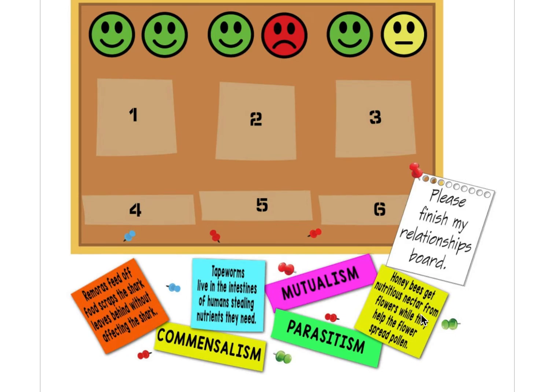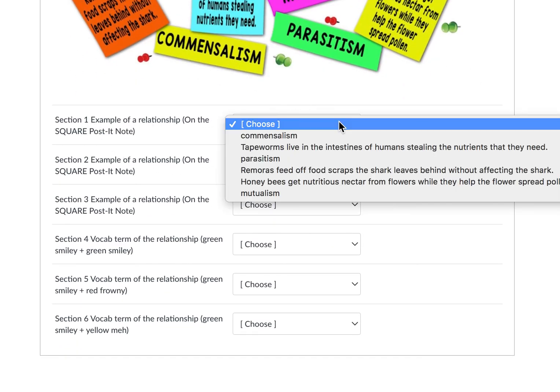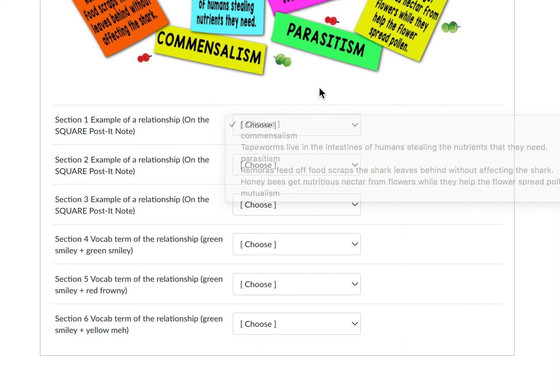Or honeybees get nutritious nectar from flowers and help the flower spread its pollen. So you will have to decide which one of these post-it notes shows an example where both species are happier because of this relationship. And that is going to be your number one. So you're going to go down here for your number one, and you're going to select it there.